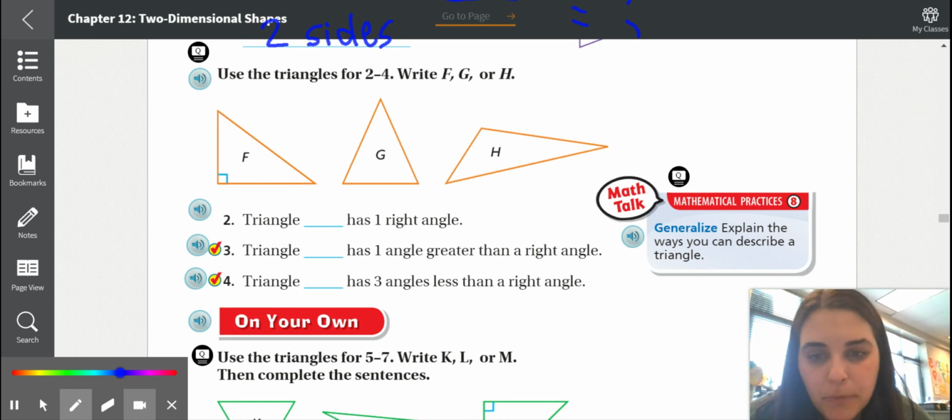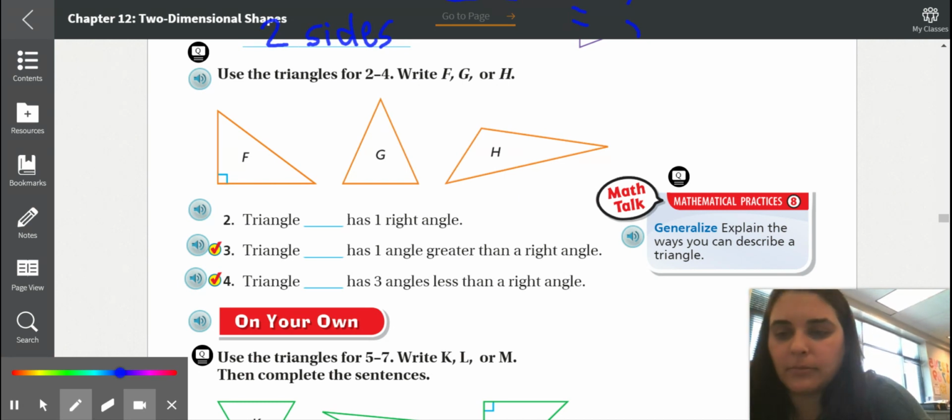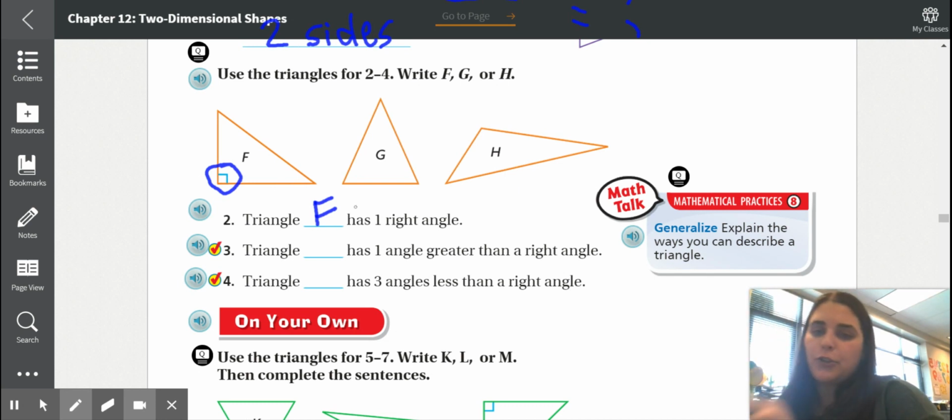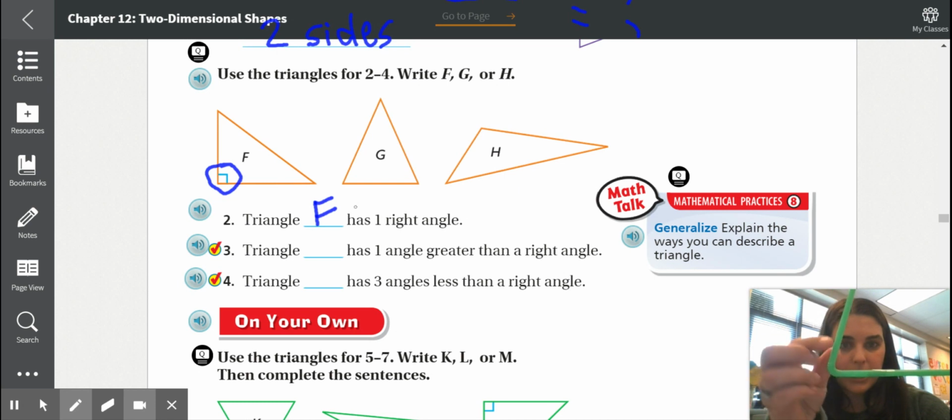Okay, moving on. We're going to use triangles F, G, and H for numbers 2 through 4. Number 2, which triangle has one right angle? Is it F, G, or H? If you said F, you are correct. This is the right angle. Number 3, which triangle has one angle greater than a right angle?